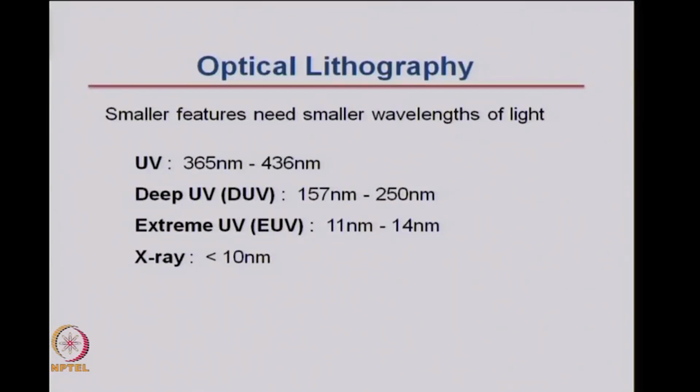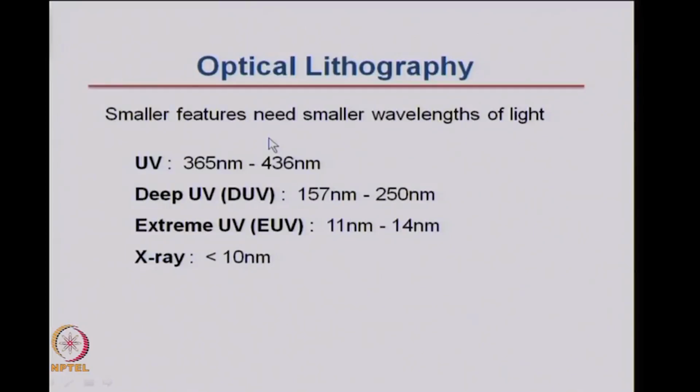Now, you can do optical lithography with visible light or with ultraviolet radiation, which has wavelengths in the order of 365 to 436 nanometers. When you go from visible to ultraviolet, you are going to smaller wavelengths. As you go to smaller wavelengths, you can make smaller features.